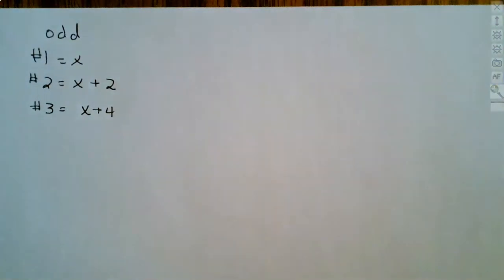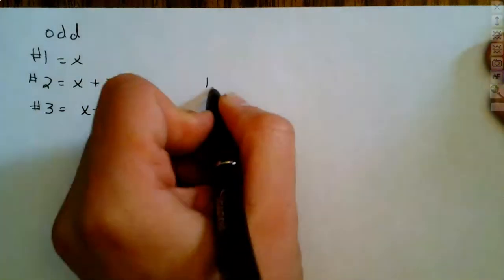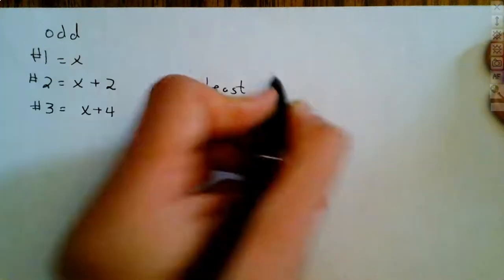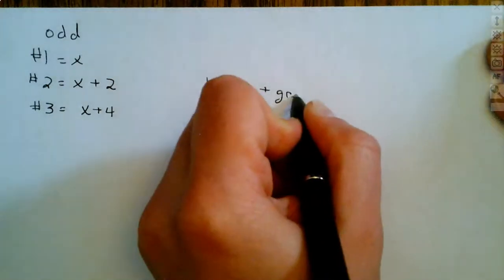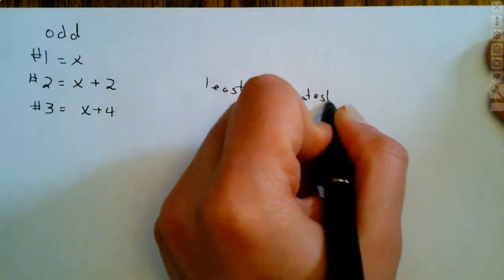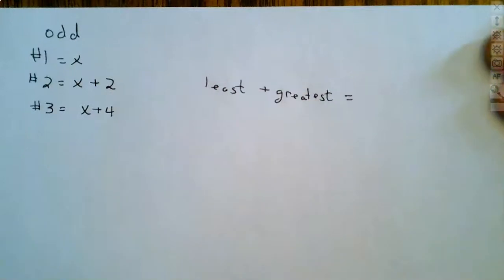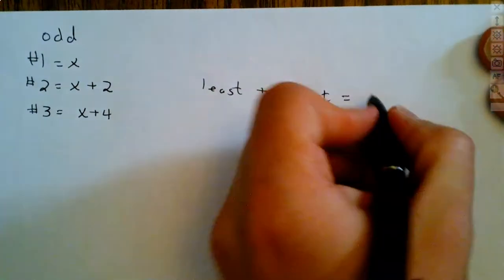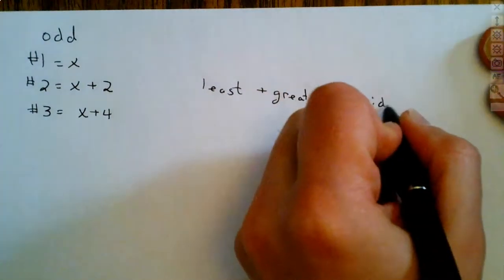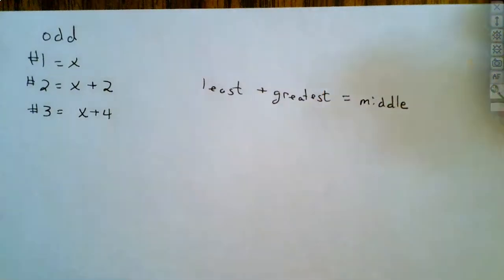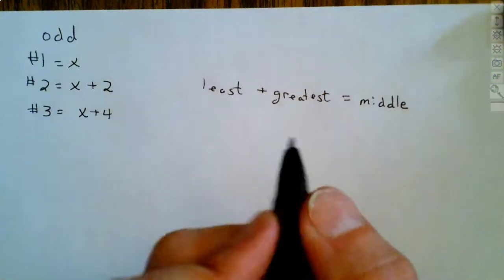It says the sum of the least and the greatest is 13 more than the middle. So the least plus the greatest is, again, means equal, middle plus 13.